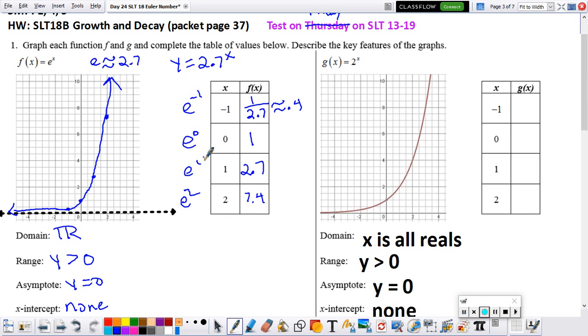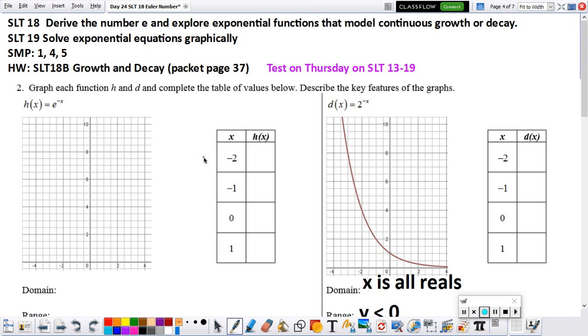I'm going to take a look at page 34. So on 34, you've got a similar situation, but now we've got e to the negative x. So remember, e is about 2.7, so 2.7 to the negative x.